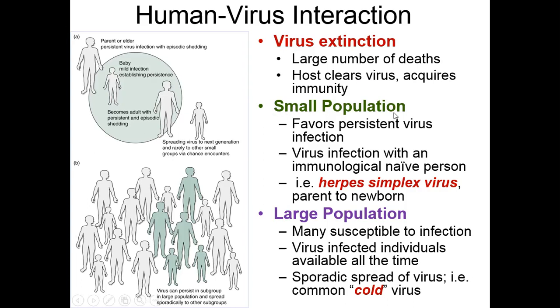In small populations, this type of infection favors persistent virus infection, meaning that there would always be a little bit of infection in a small percentage of the population, with those people whose immune response hasn't been mounted against the virus, or immunologically naive persons.